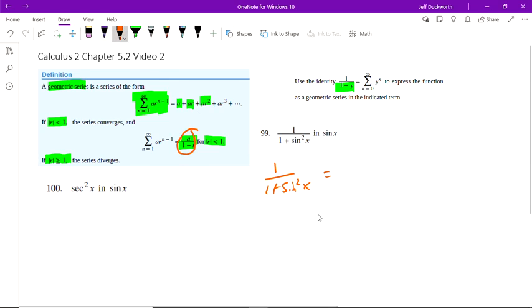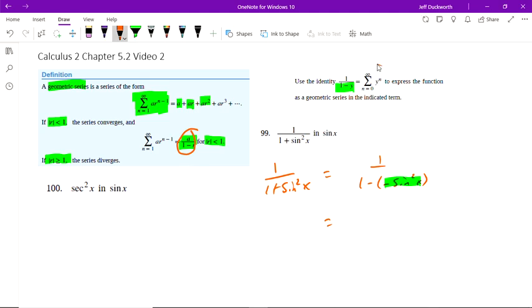So I've got a plus there. So what can I do? Well, this equals 1 over 1 minus a negative sine squared. Not bad, right? Okay, so we have the y. The y is the negative sine squared x. This is our y.